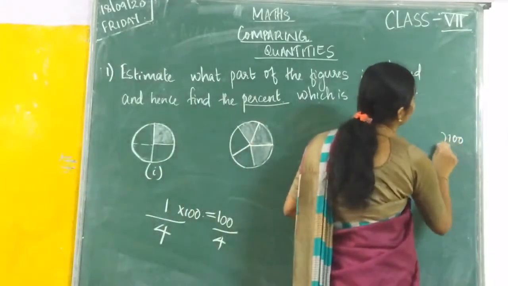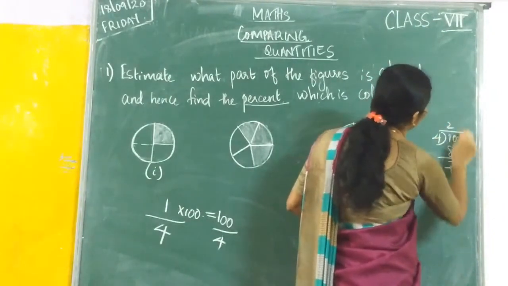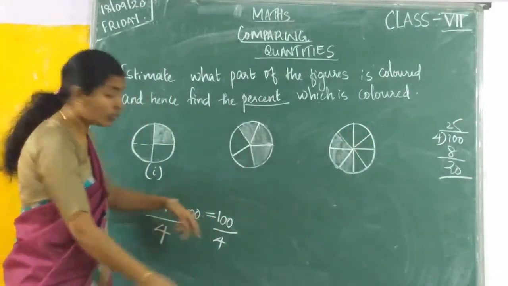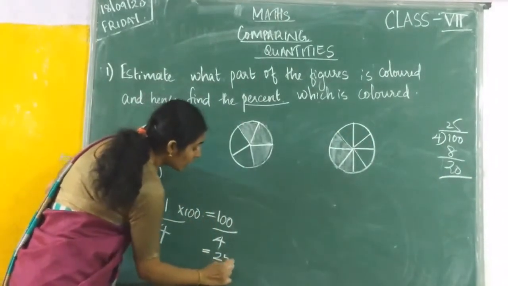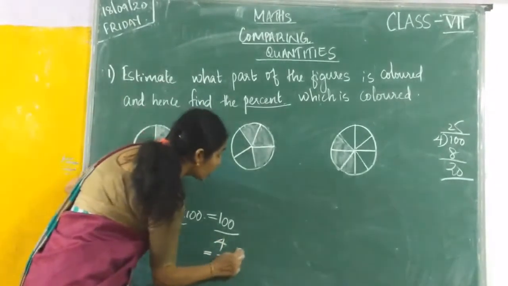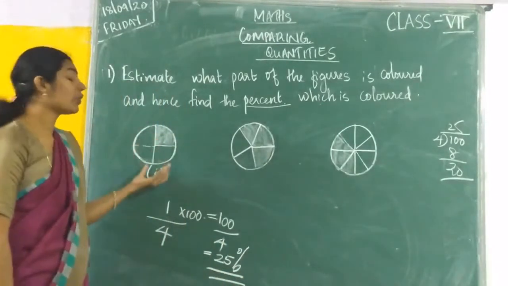Divide it. You will get 25. So how much percentage is colored? 25% colored.